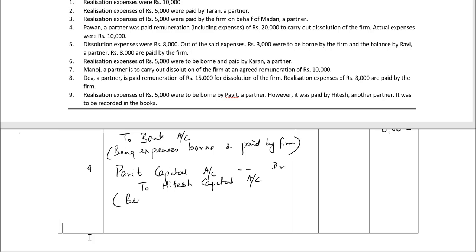Narration, being expense paid by Hitesh on behalf of Pavit. Amount ₹5,000.